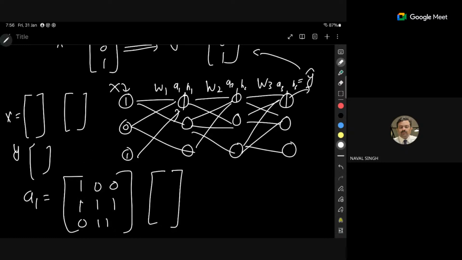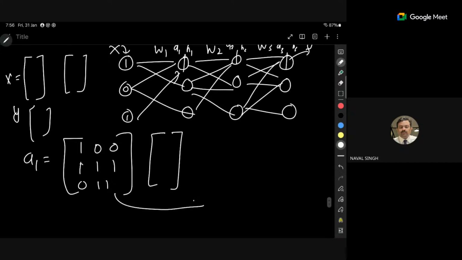The weights are represented as rows. Why we are doing this is that later, when you do the programming, you will randomly initialize these weights. Let's say you initialize them as m cross n, and then for multiplication you have to transpose, which turns it into n cross m.